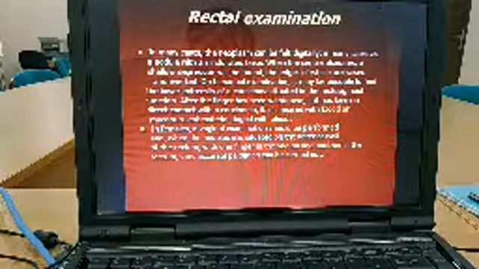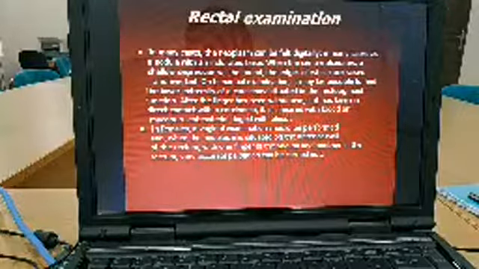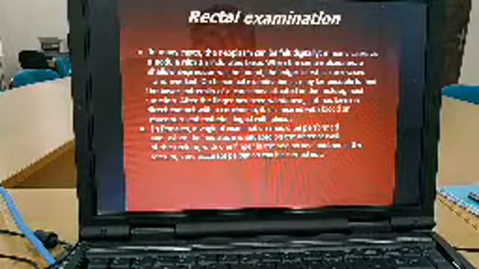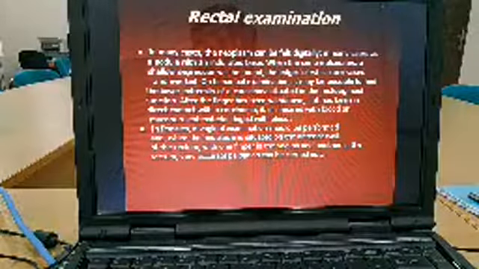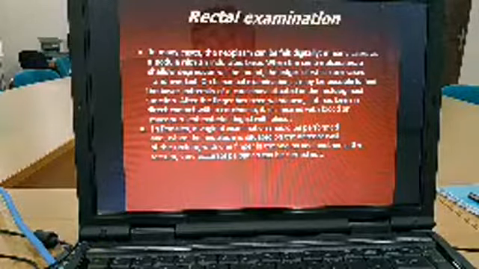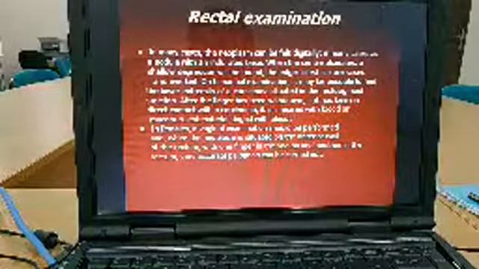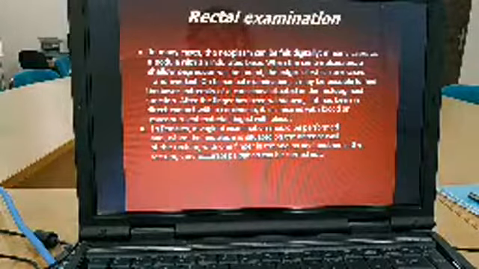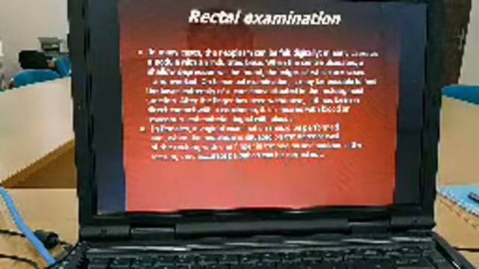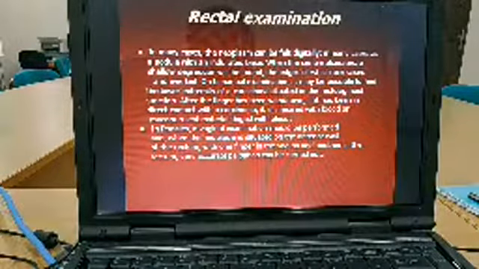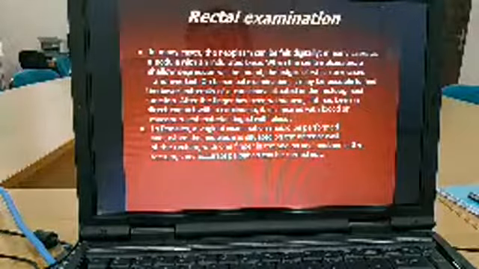After the finger has been withdrawn, again an important point: if it has been in direct contact with the carcinoma, it is smeared with blood or mucopurulent material tinged with blood. So after digital rectal examination, it is important to examine your finger. In case of a malignant lesion, usually you will find that mucus and blood have stained the finger.